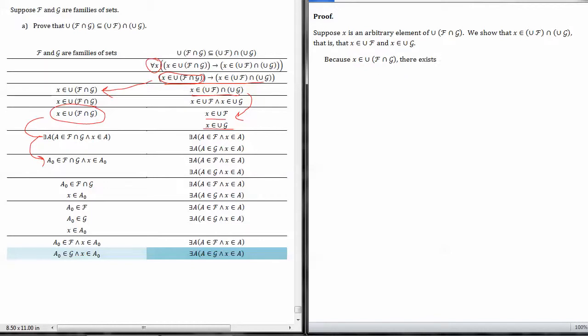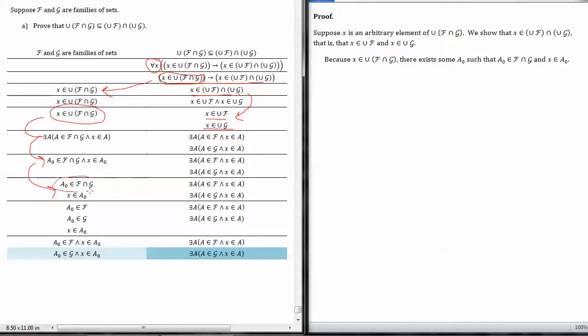There exists some a naught such that a naught is in f intersect g, capital A naught, and x is in a naught. Okay. All right, and that even really gets us down to here because we just broke up that conjunction into two givens.